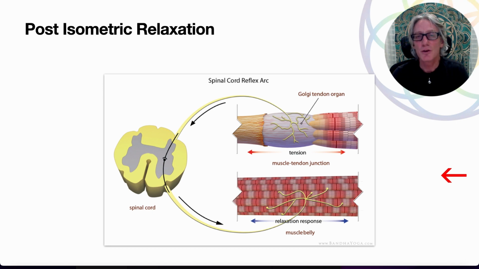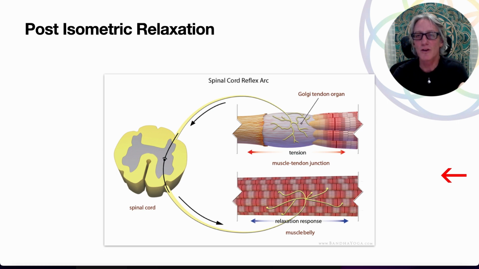Basically, in your tendons, you have Golgi tendon organs. The tendons attach the muscle to the bone, and in these tendons you have Golgi tendon organs, which are like strain gauges. They detect how much tension is being put on the tendon by the muscle, and then send a signal through the spinal cord, and there's a reflex arc back that causes a relaxation response in the muscle.